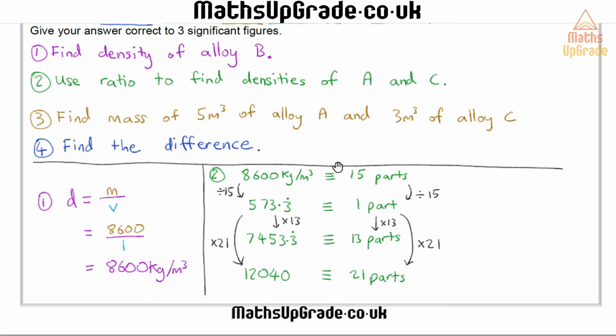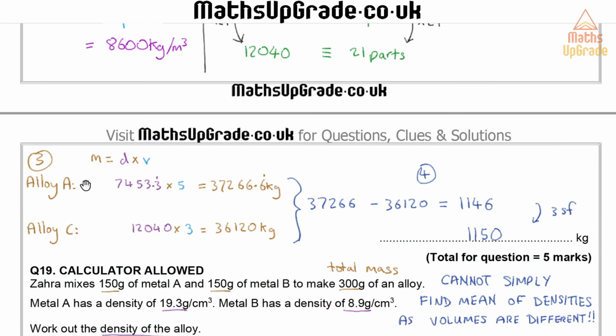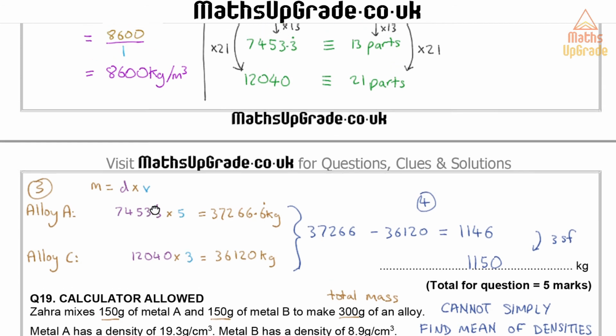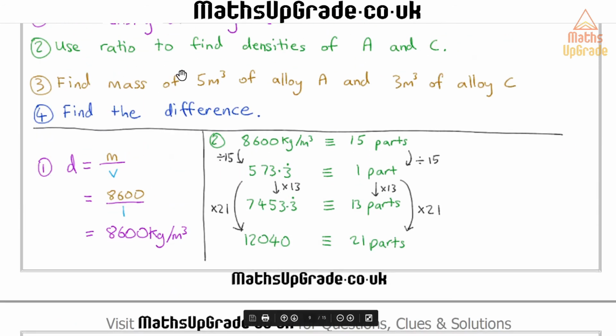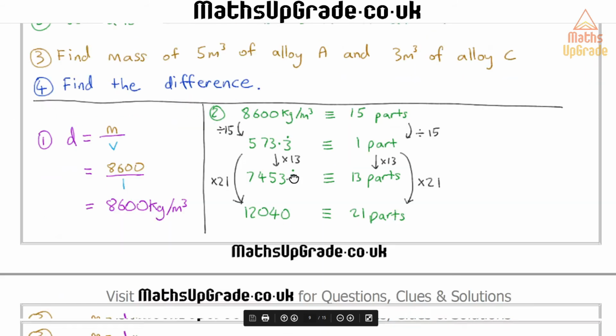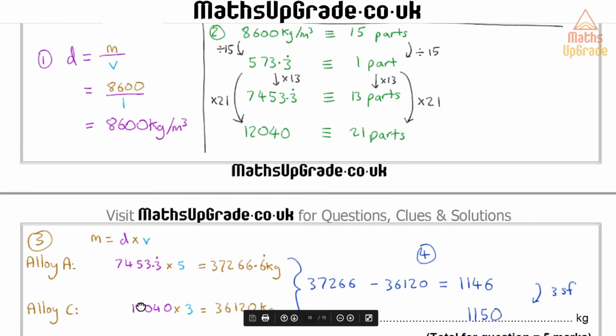The next thing I'm going to do is find the mass of alloy A and alloy C, of those volumes there. So for alloy A, the mass is density times volume. There's the density that I worked out from that part, and there's the volume which I'm given in the question here. So that's the mass of alloy A. Similarly for alloy C, there's the density which I worked out.